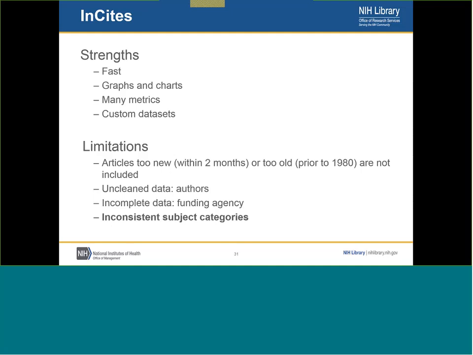Because Insights uses Web of Science data, you would assume that the subject categories would be the same, but they are slightly different, because Insights reclassifies two categories, and those two categories can change a lot of things. I'm going to show you these things later as well.